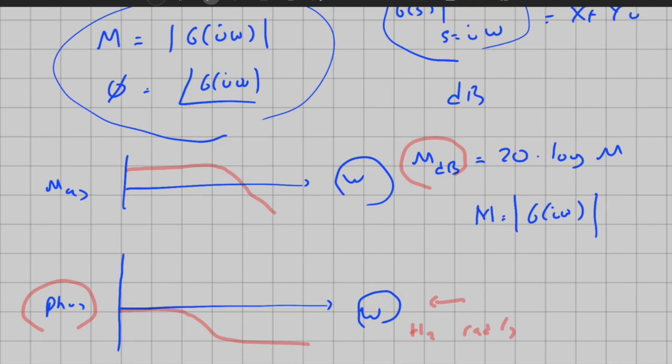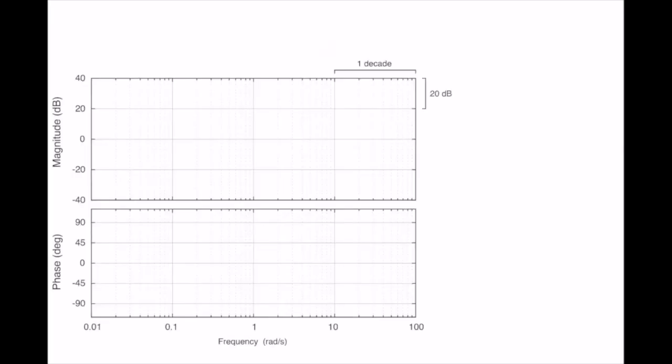Now I will show you some Bode plots of the simpler forms, and we will try to learn how we can draw Bode plots by hand using asymptotic approximation techniques. Let's start with an empty Bode plot. As I told you before, the frequency axis is here, logarithmically spaced like this. Phase is in degrees or radians, linear scale.